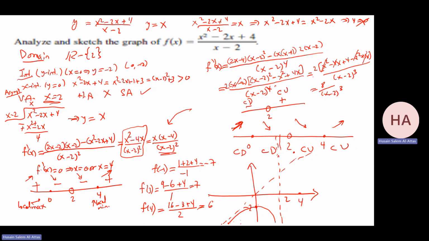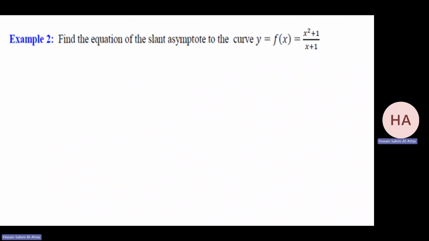So the function will do something like this. Then it will be concave up from here at 4. This is 6. Okay, that will be the graph of the function. And this is the asymptote, so it will go near the asymptote. Yeah, that will be the graph.